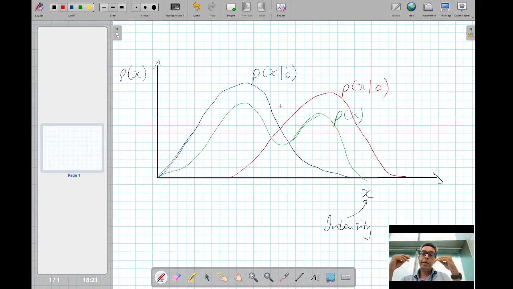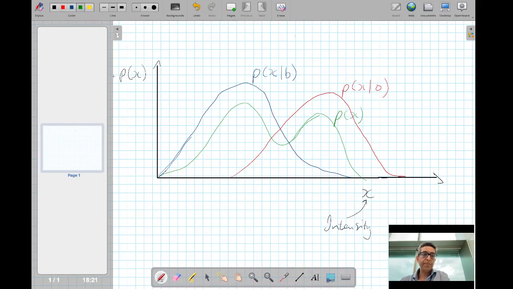So we can explain the probability density function of all pixels, P of X, by making use of a two-component mixture model. Let's use green for this.